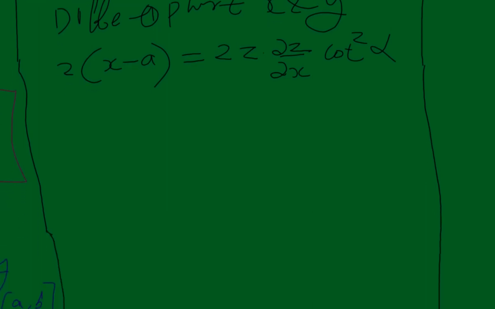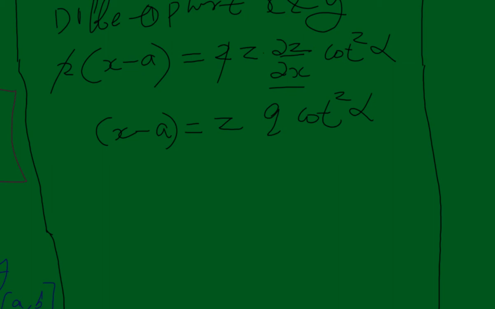Let us cancel this 2 from both sides and write x minus a is equal to z dou z by dou x, which is q, into cot square alpha.